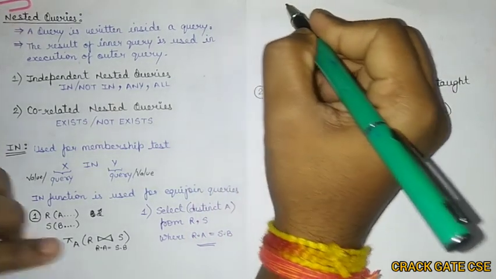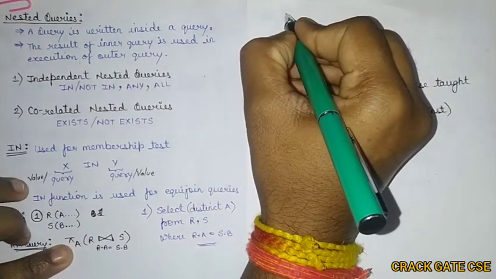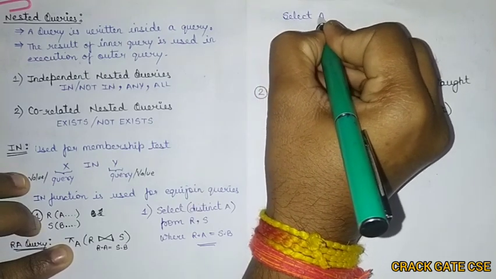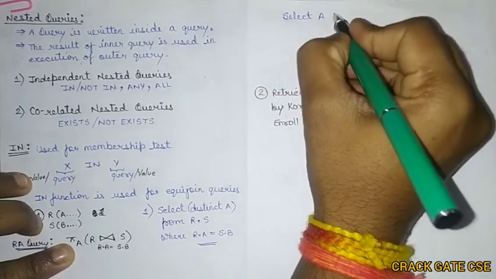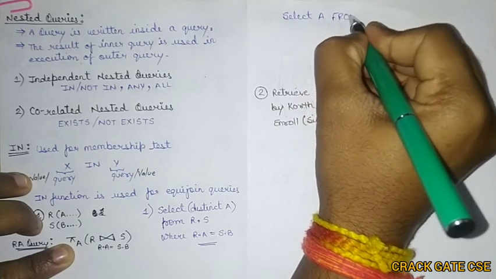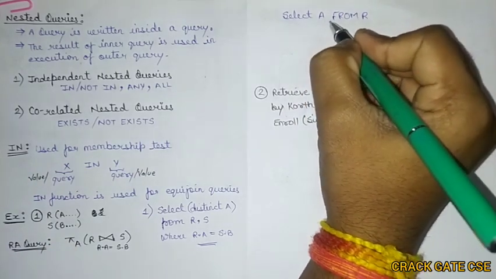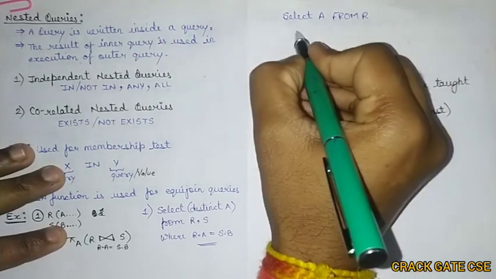We have to select A. Pi A means we first select A. So I am selecting A from relation R, where.